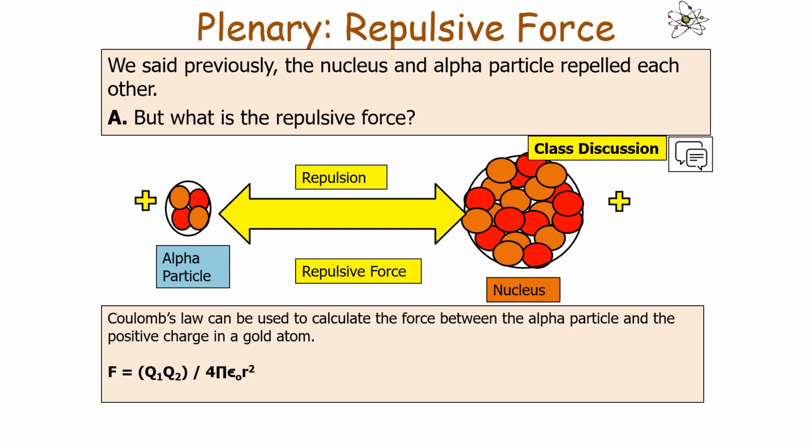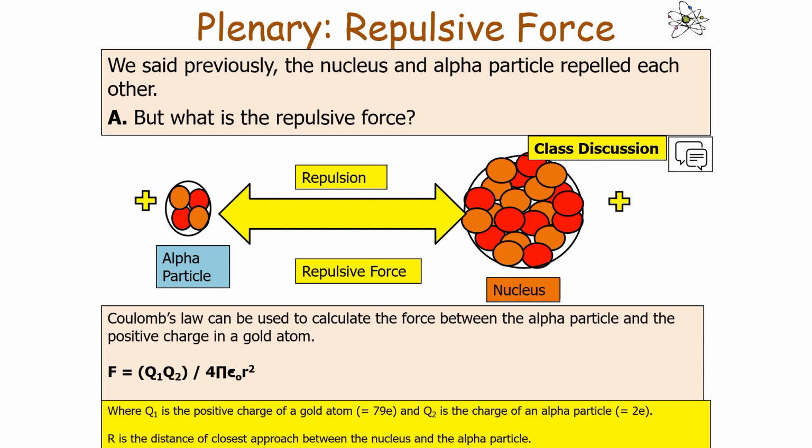So we can also say that the actual repulsive force experienced by the alpha particle and the nucleus is equal to Q1 Q2 over 4 pi epsilon 0 r squared, where Q1 is the positive charge of the gold atom, which is 79 times 1.6 times 10 to the minus 19. Q2 is the charge of the alpha particle, which is 2 times 1.6 times 10 to the minus 19, and r is the distance of closest approach between the nucleus and the alpha particle.